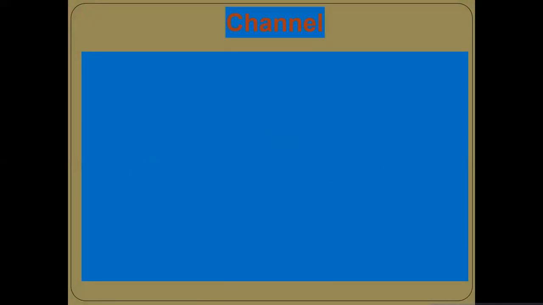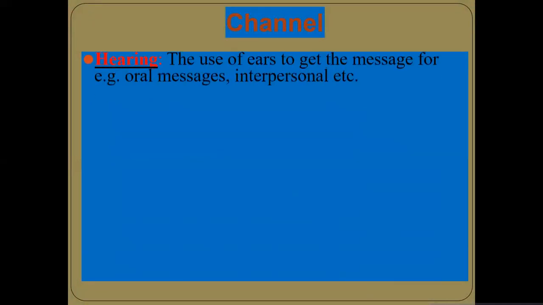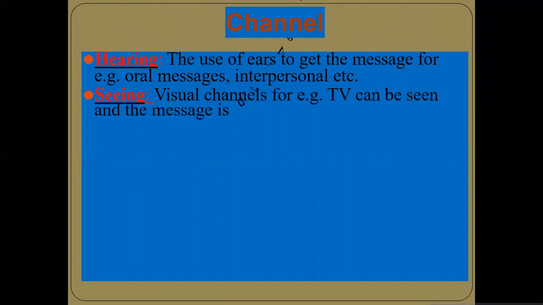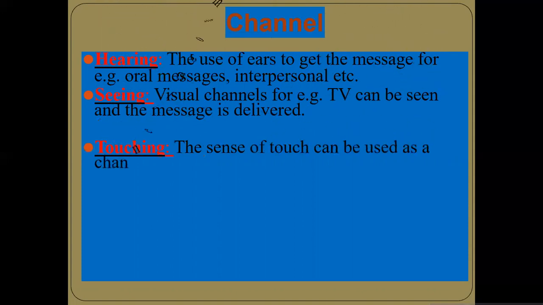Now the third point is channel, and the subpoints are as follows. Number one, hearing, the use of ears to get the message, for example, an oral message, interpersonal, etc. Now seeing, visual channels, for example, television can be seen and the message is delivered. Touching, the sense of touch can be used as a channel to communicate.